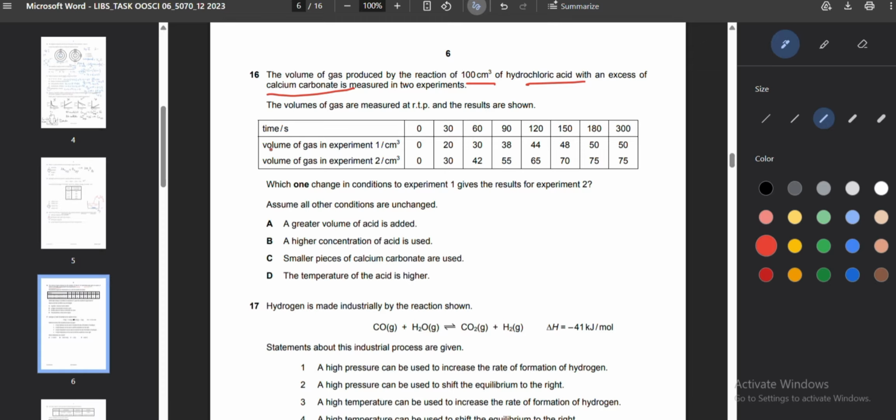In experiment 1, you can see that the volume of the gas formed is less, and in experiment number 2, the volume of the gas formed is more. Which one change in the conditions to experiment 1 gives the result for experiment 2? Assume all other conditions are unchanged. A is greater volume of the acid used.